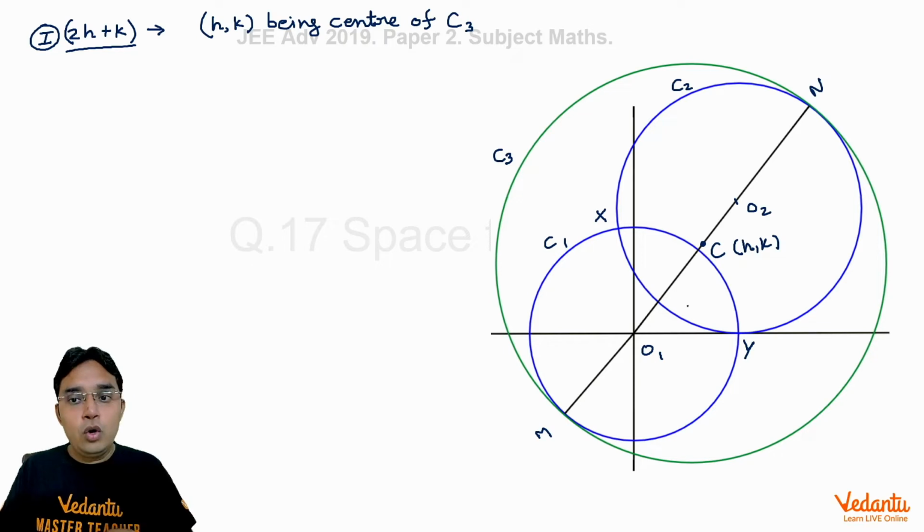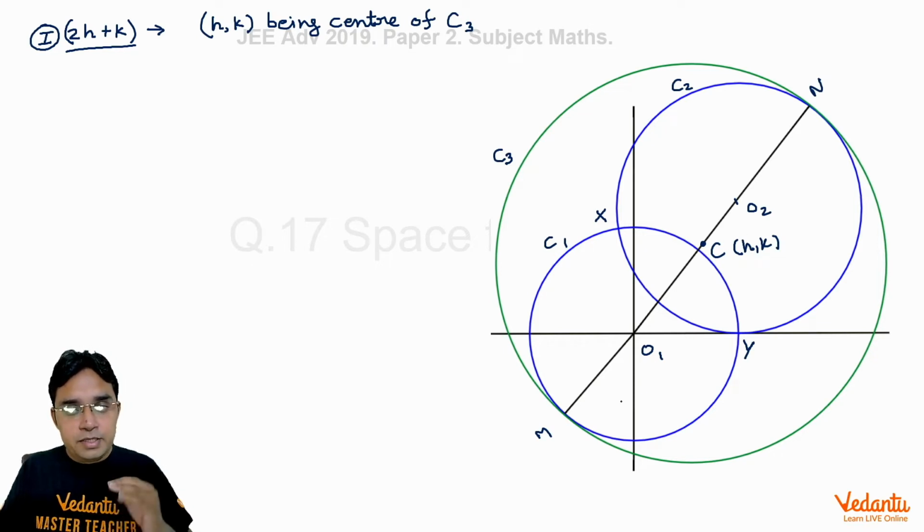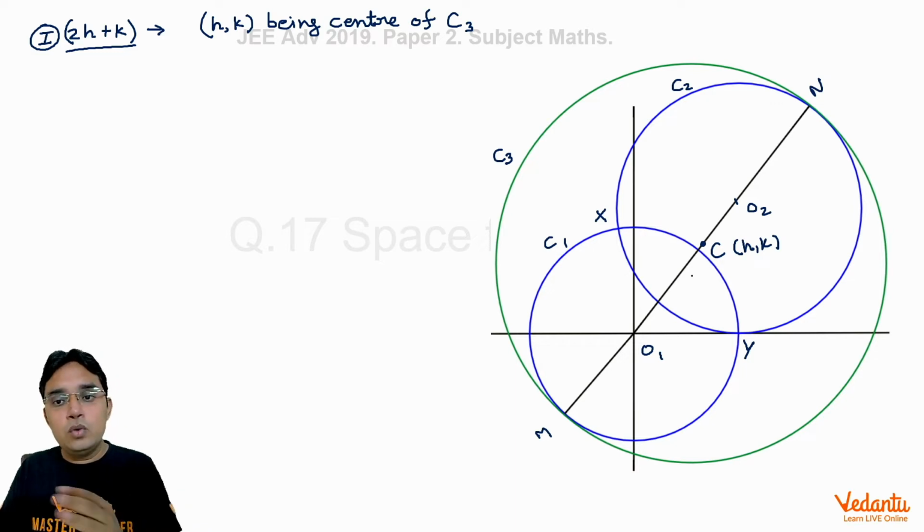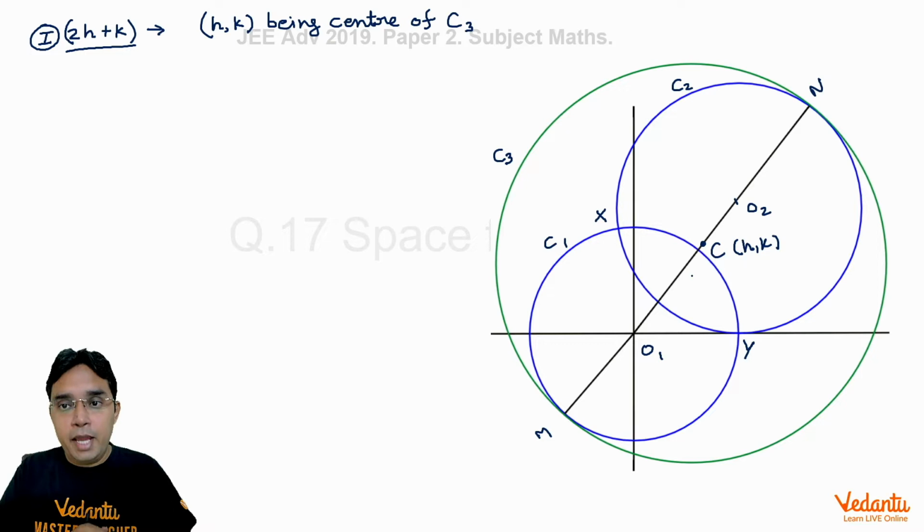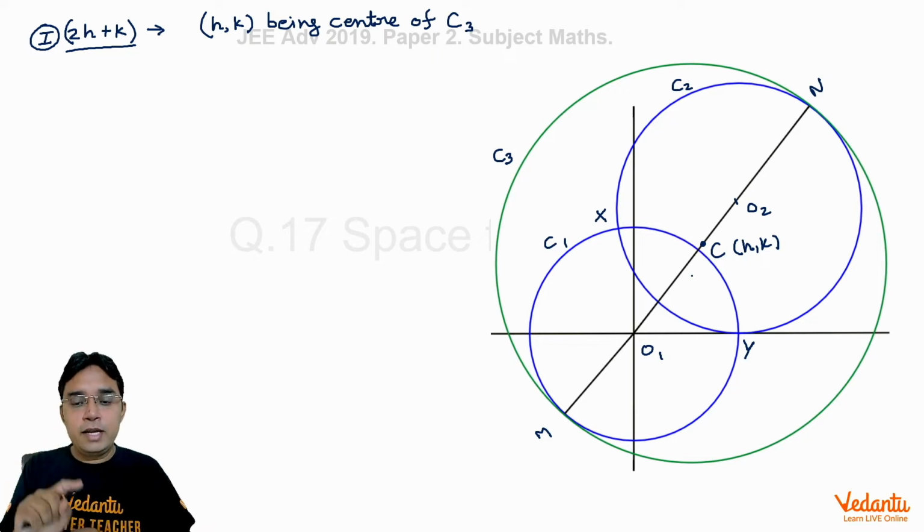But O1 and O2 also have C on this line, which means M, O1, C, O2 all should be collinear. Similarly, we can say about N also. So these 5 points, M, O1, C, O2 and N, will be collinear.